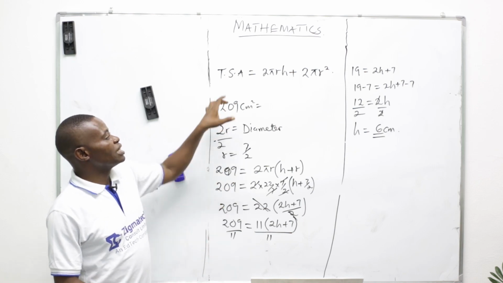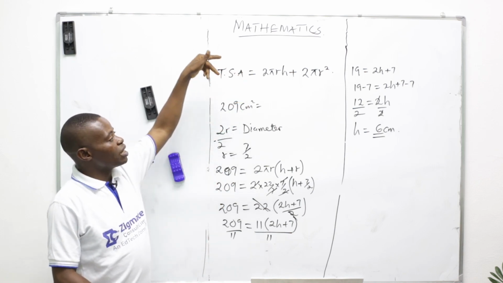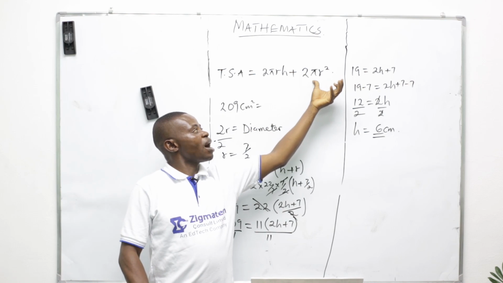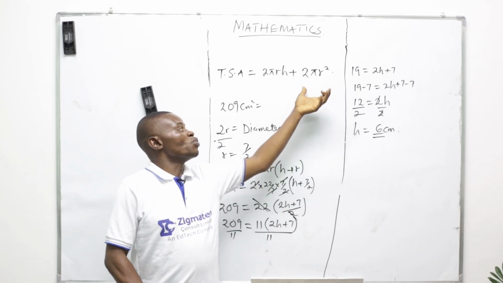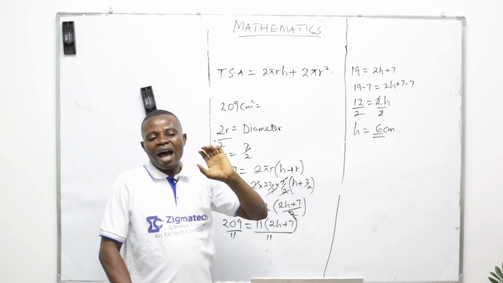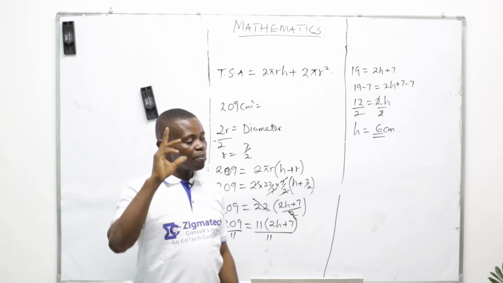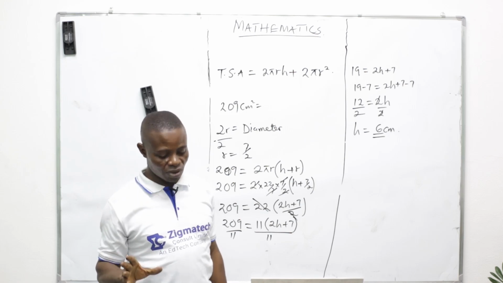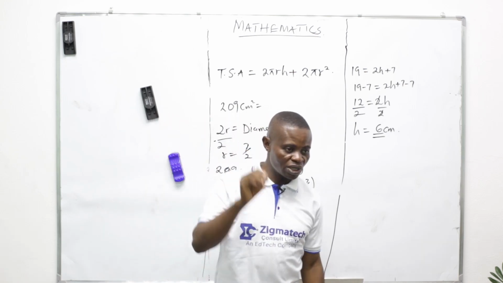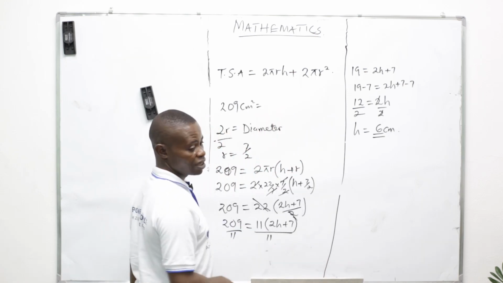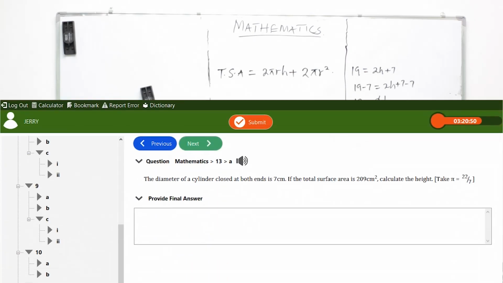If the question said the cylinder was opened at one end, this 2 pi r square we used here, we would have used just pi r square, indicating just one circle. But now both ends were closed, meaning 2 circles are existing. Next question.